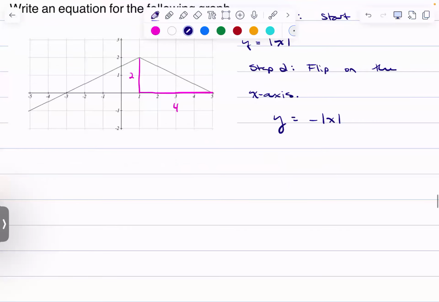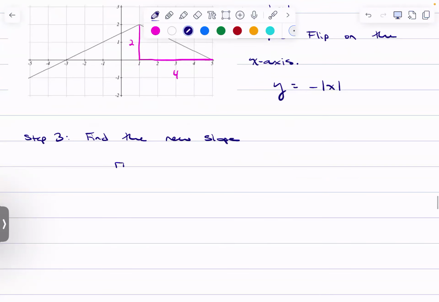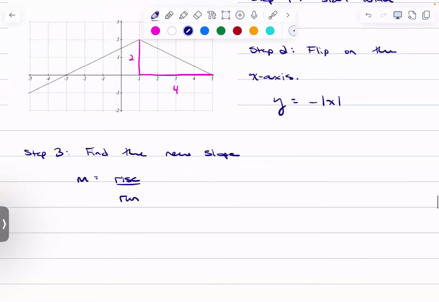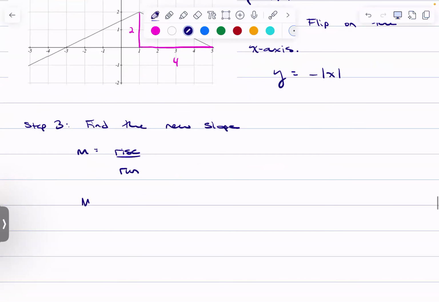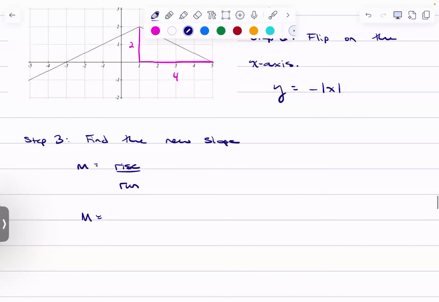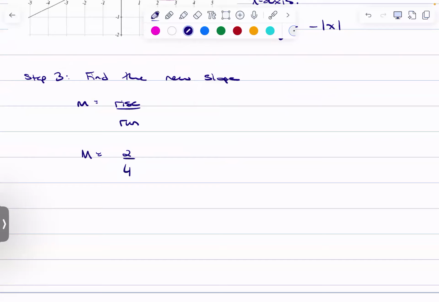I have a slope of rise over run, 2 over 4 or 1/2. So here, step 3, probably the hardest step. Find the new slope. So we find rise over run. Since we have the graph, I think that's the easiest way to do it, but you've got other tools for finding the slope, if you've got points on there or something like that. So we have a slope of 2 over 4 or 1/2.